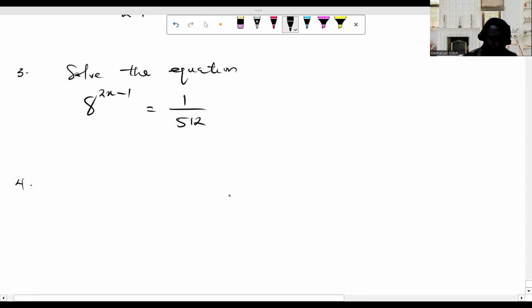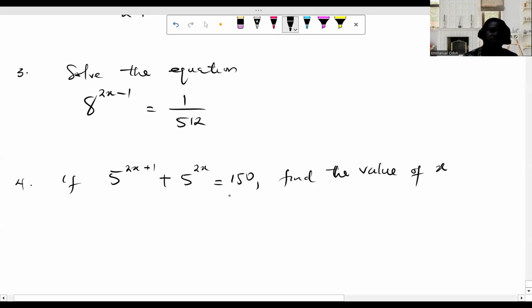Number 4, if 5 to the power of 2x plus 1 plus 5 to the power of 2x is equal to 150, find the value of x.